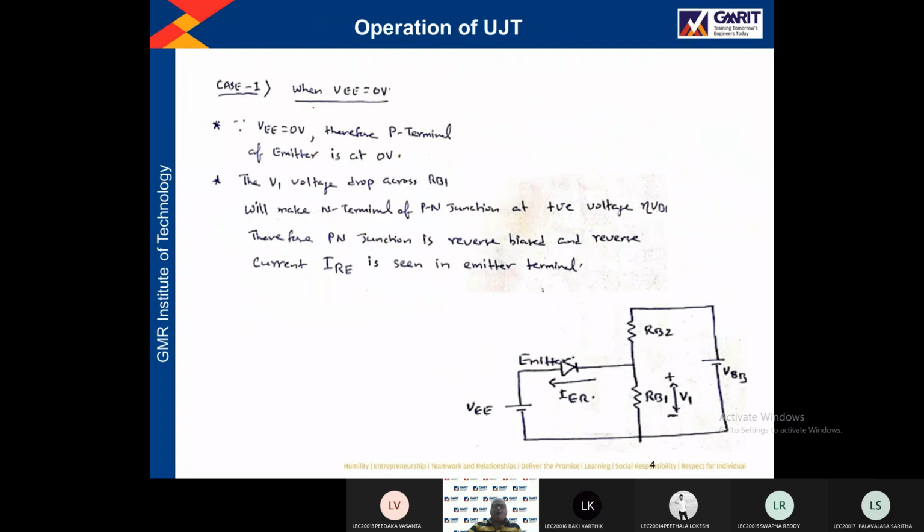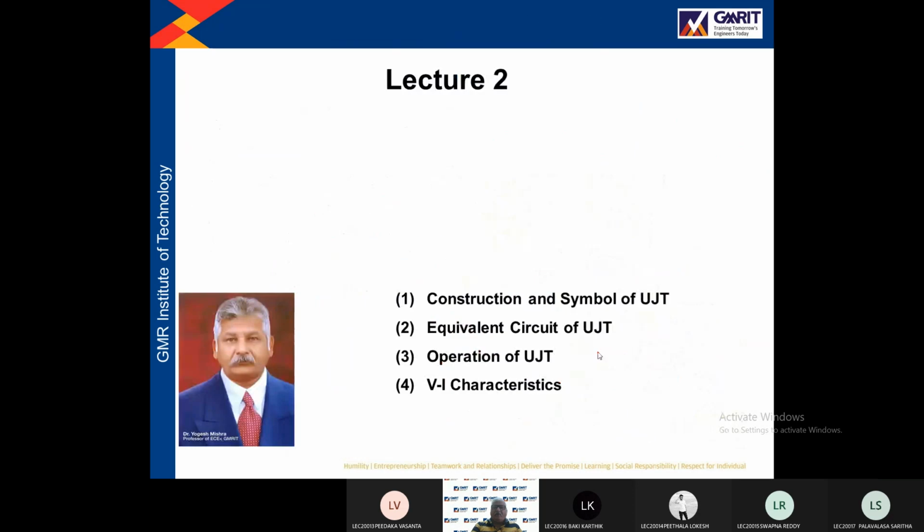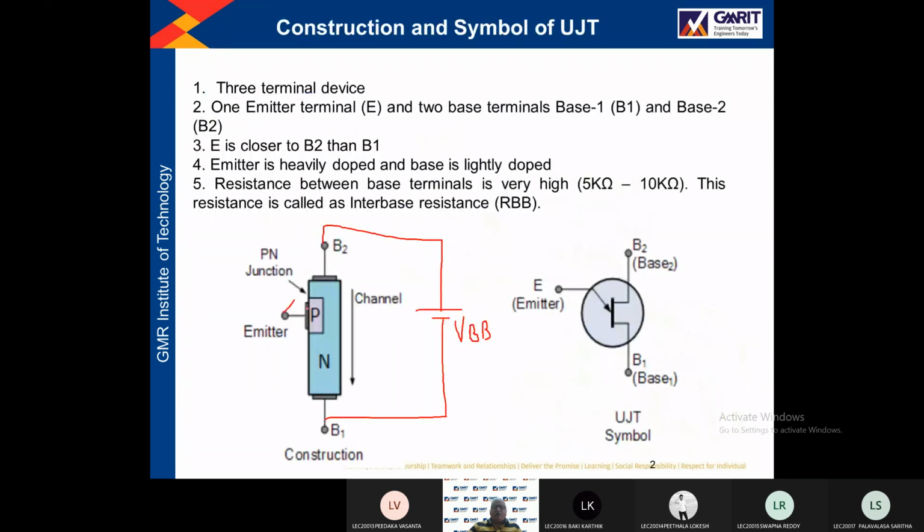Now the operation. Case 1, when VEE is 0. So here this voltage you applied is 0. This is the P terminal, and here this is the N terminal, because as you see in the construction, the emitter is connected to the P terminal and this side is N-type material.